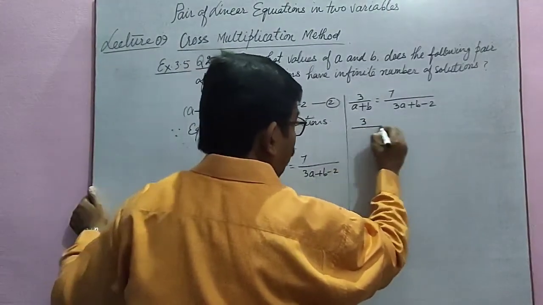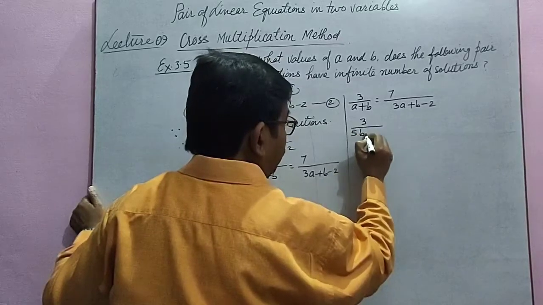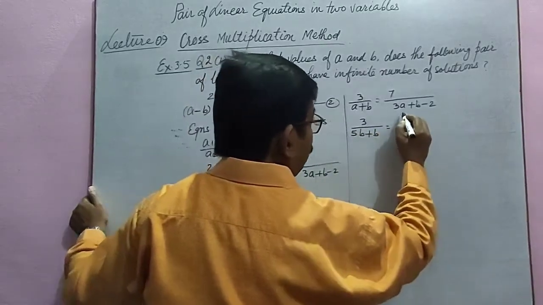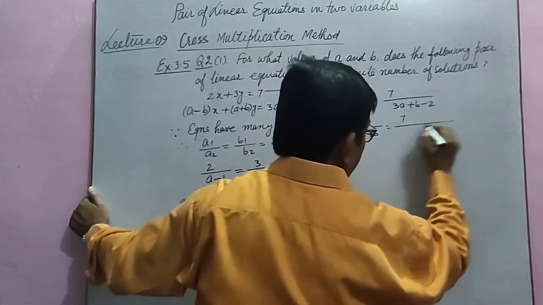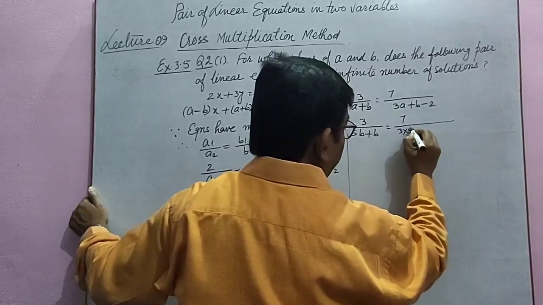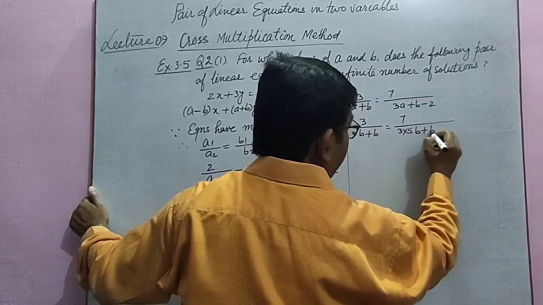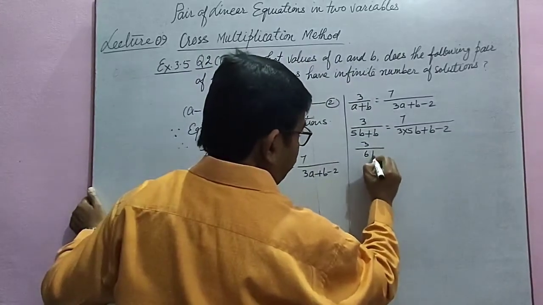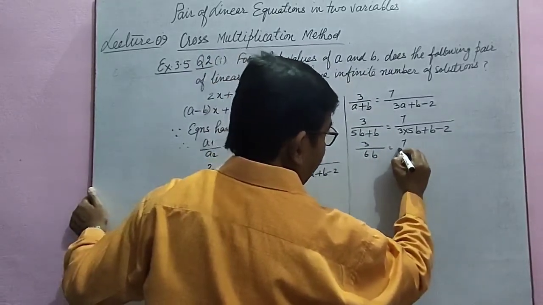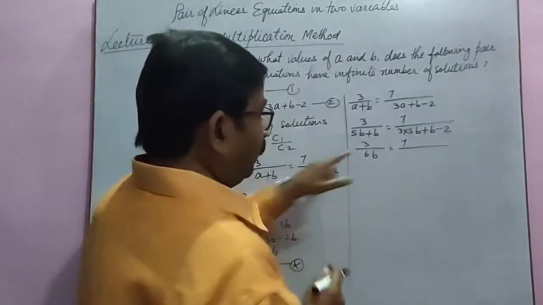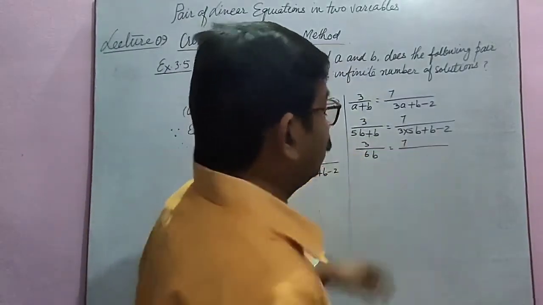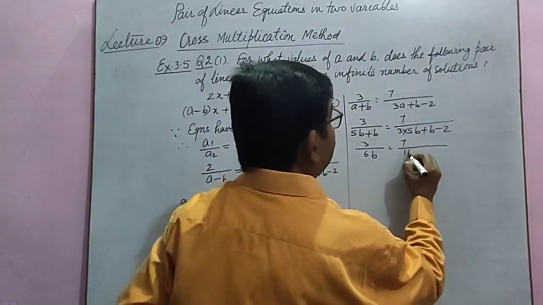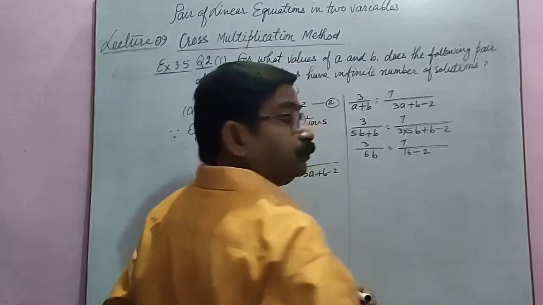See, 3 upon 5b plus b is equal to 7 upon 3 times 5b for a, plus b, minus 2. We have 3 upon 6b is equal to 7 upon, see, 3 fives are 15b plus 1b, what we have? 16b minus 2.